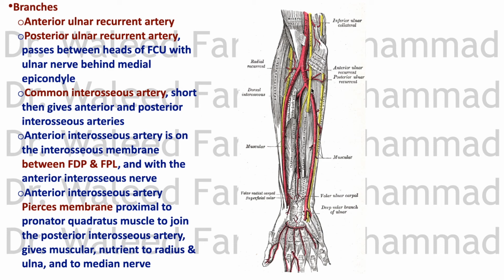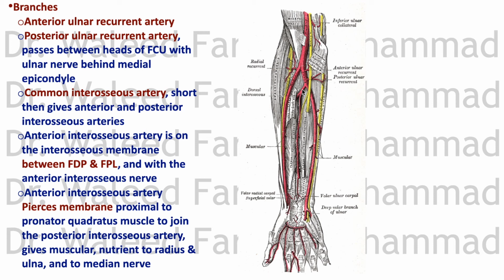See, this is the anterior ulnar recurrent, and this is the posterior ulnar recurrent. The common interosseous artery is a short artery that almost immediately divides into anterior and posterior interosseous arteries. Sometimes the anterior and posterior interosseous arteries come individually from the ulnar artery.